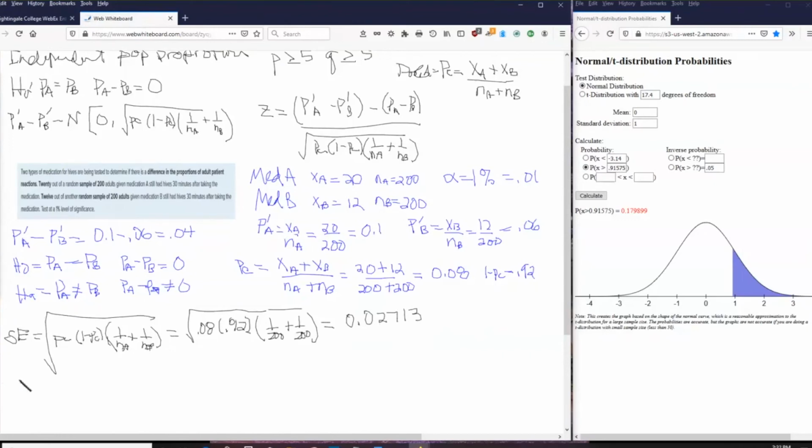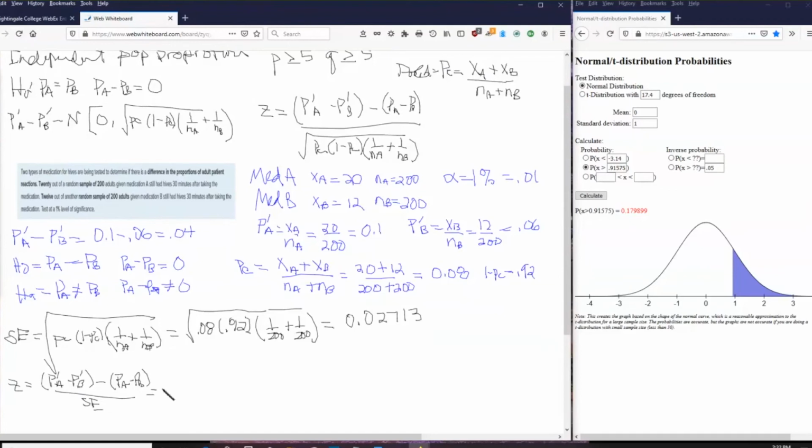Then my Z statistic is going to be my P prime of A minus P prime of B, minus the difference between my population proportions, and then on the bottom is just going to be your standard deviation that we just calculated.